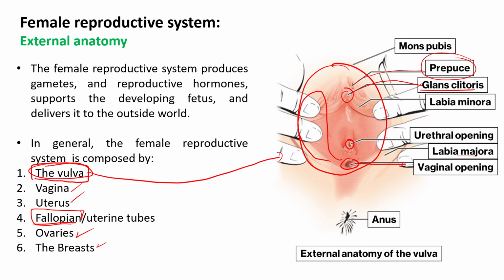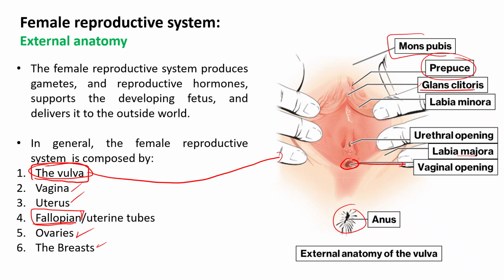The anus is outside of that area. What is the mons pubis? The mons pubis, that we're going to see in just a minute, is an area right above the vulva with the pubic symphysis that contains adipose tissue and of course the hair that grows there.